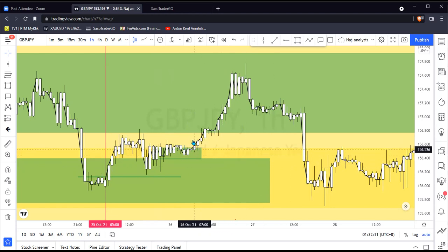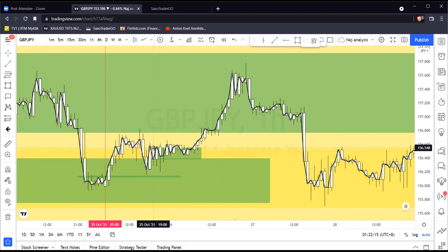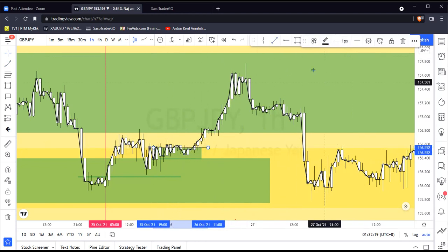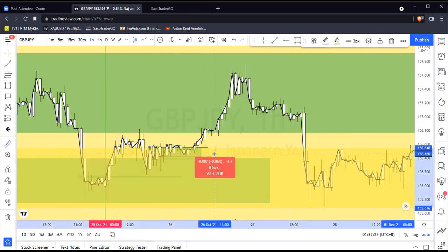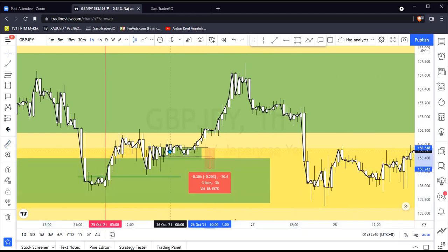Yes. Okay, so my trading idea is I would set my POs here, one, and one more here. And at the same time, I will calculate my risk. So let's say here, I would set my SL around 30 pips max. This is the closing price.